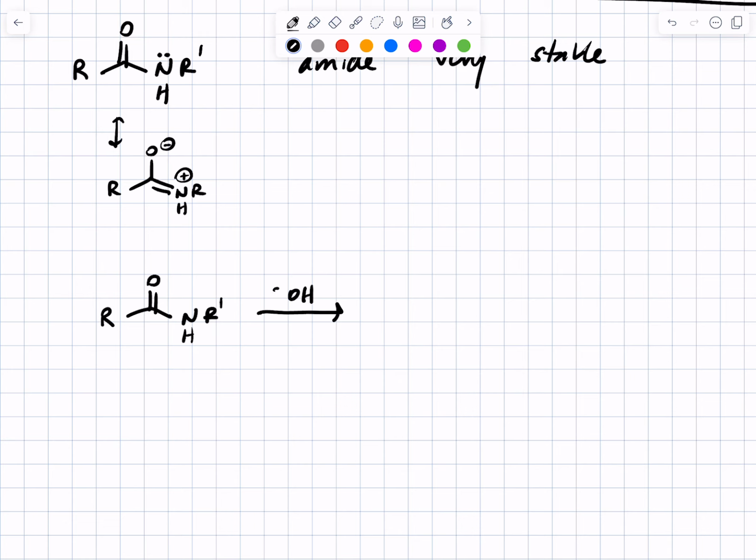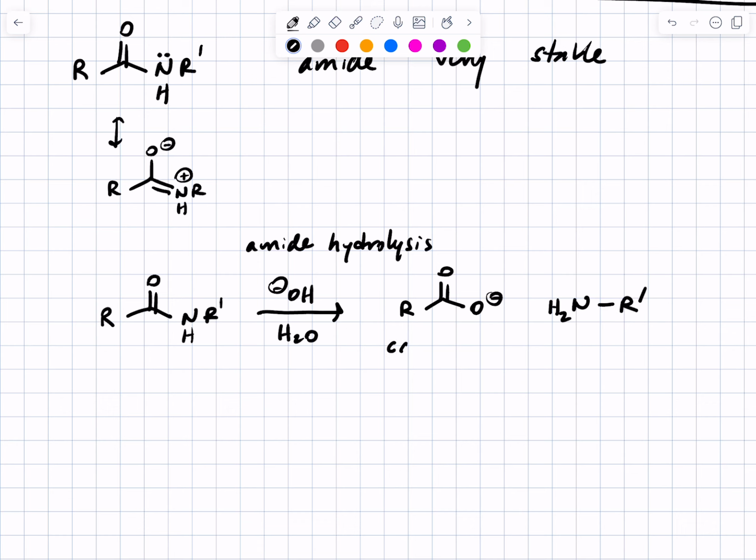So your text points out that under strongly basic aqueous conditions, you can do amide hydrolysis, which will allow OH minus to be the nucleophile, and which will replace the NHR group of the amide with the OH of the hydroxide, and ultimately give you as products the carboxylate and the amine.